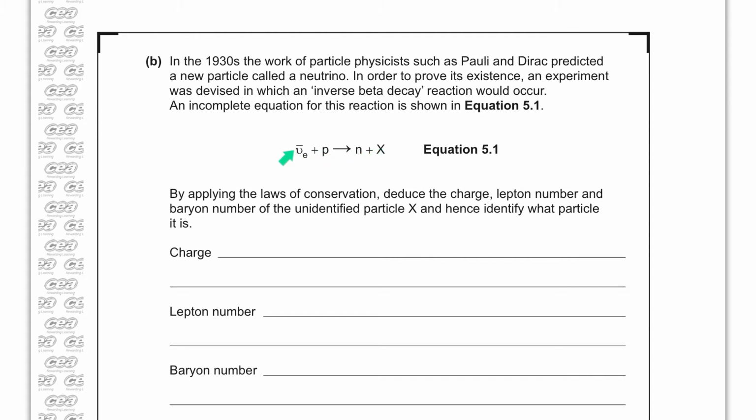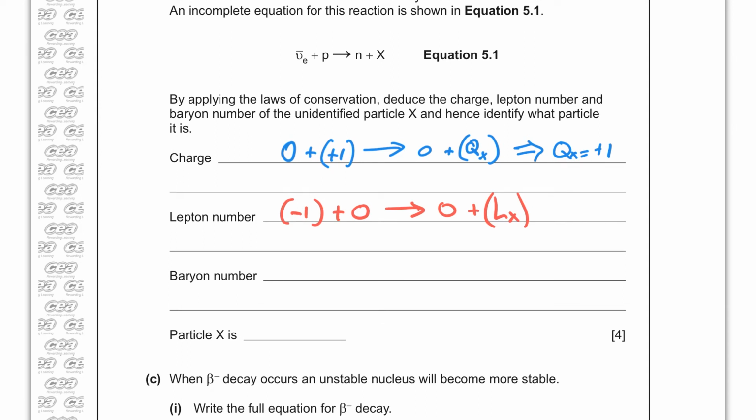Charges, then we need to figure out each one and put a wee equation together. So the neutrino has no charge, the proton is +1, a neutron is 0, and then we've got whatever the charge of X is, and so the Q of X would have to be +1. So now we do lepton numbers. The antineutrino is an antilepton, so it'll have an L of -1. The proton and neutron both aren't leptons, and then we need to figure out the L belonging to X. Looking at the lepton numbers, the L of X would have to be -1.